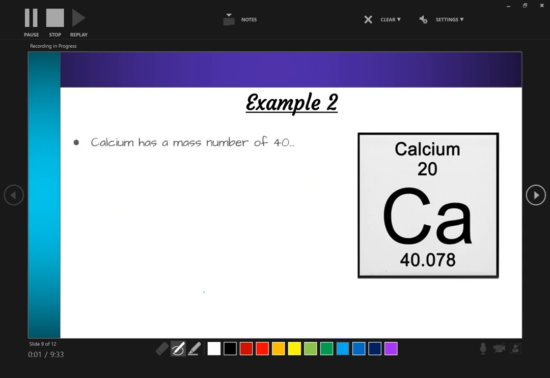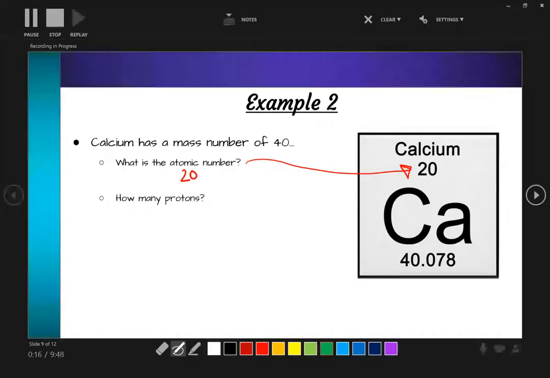Let's do another example. Calcium has a mass number of 40. What is the atomic number? Remember, your atomic number is above the symbol. How many protons? Remember that your protons are equal to the atomic number. How many neutrons?